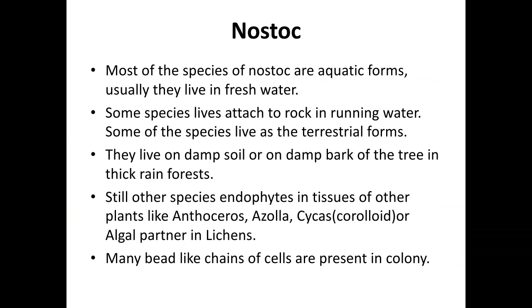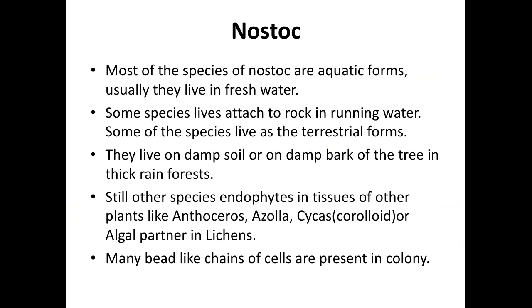Most species of Nostoc are aquatic in habitat and usually they live in fresh water. Some species live attached to rock in running water, and some of these species live as terrestrial forms.